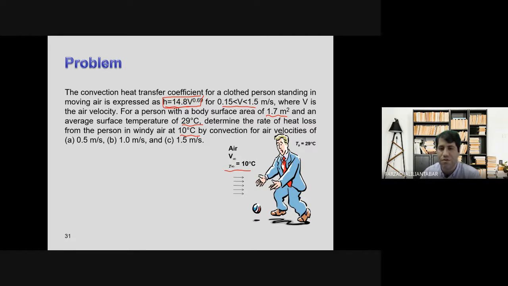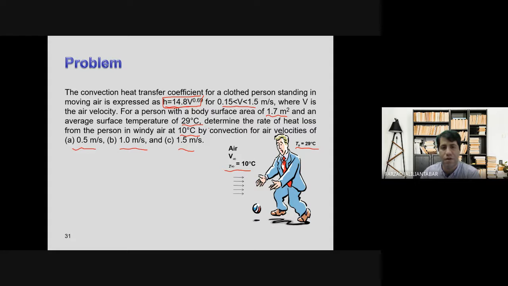Ts, or surface temperature of this person, is 29 degrees Celsius. The As is also given, 1.7 meters squared. Now we need to calculate the rate of heat transfer from this body to the surroundings by convection at different velocities of the air: 0.5 meter per second, 1 meter per second, and 1.5 meter per second.